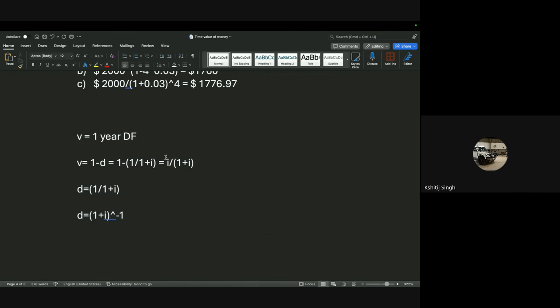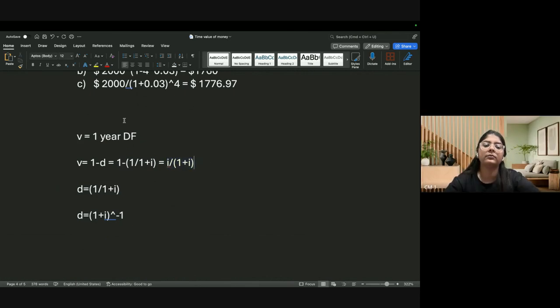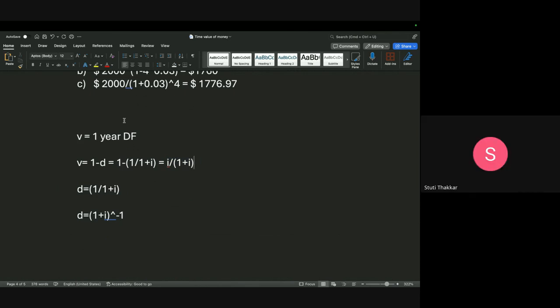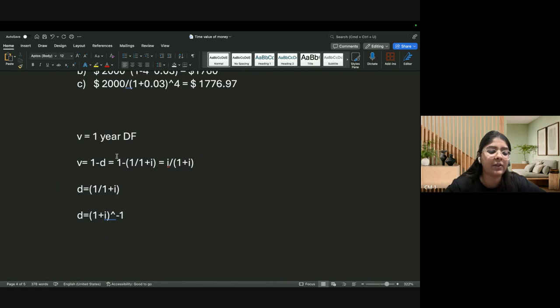So you will get I by 1 plus I. So D is the discount rate for 1 year, D is equal to I by 1 plus I. V is equal to 1 minus D, which is equal to 1 by 1 plus I.